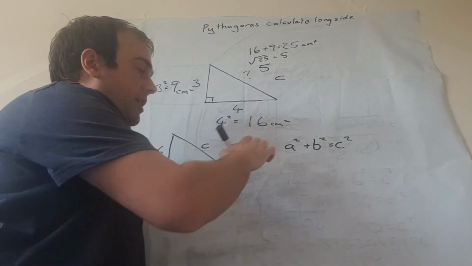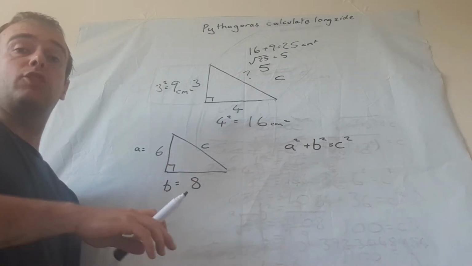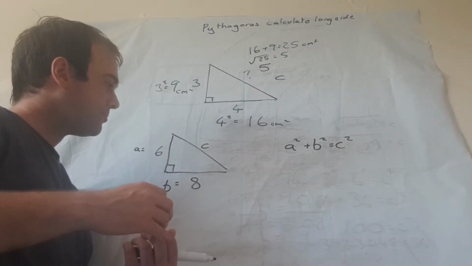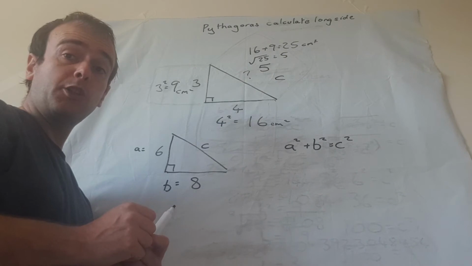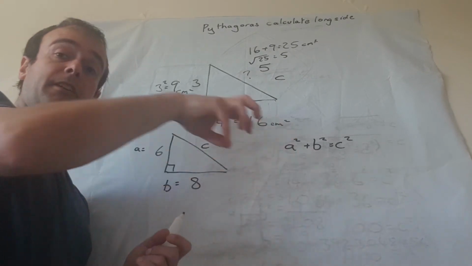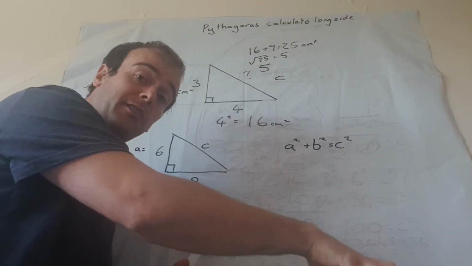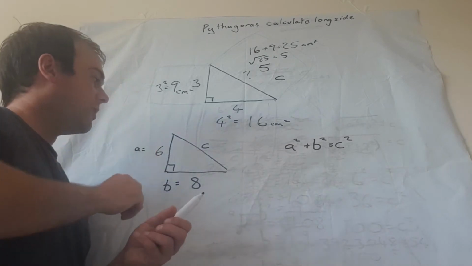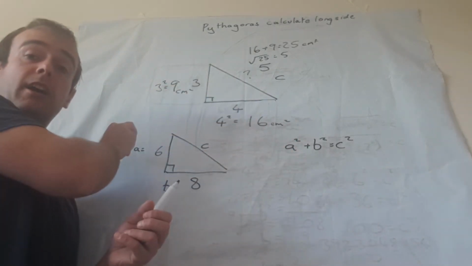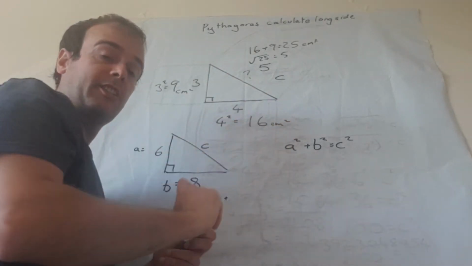So I'm going to substitute the numbers. Substituting into the formula is just like substitution on a football field. You take that defender off and you replace him with another defender. So I'm going to take this A off and replace it with this 6.